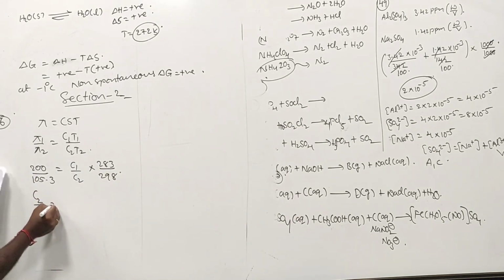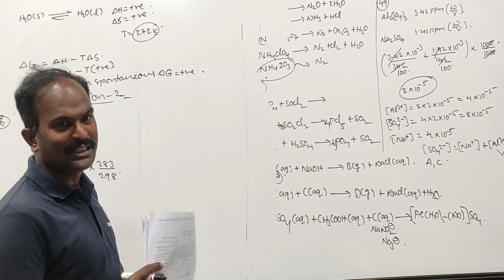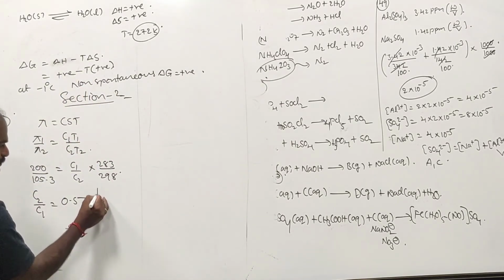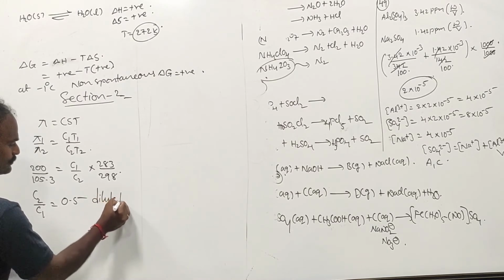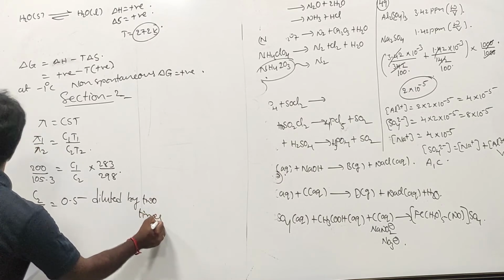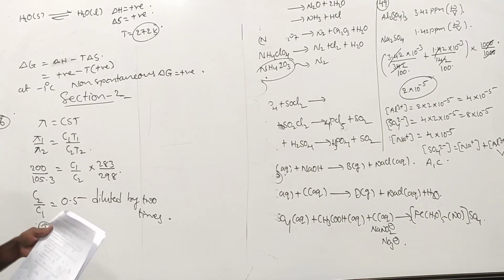C2 divided by C1 is equals to, you will get around 0.5, which means final concentration will be half of the original concentration. Definitely it is diluted by 2 times. Therefore, that option is going to be 2.